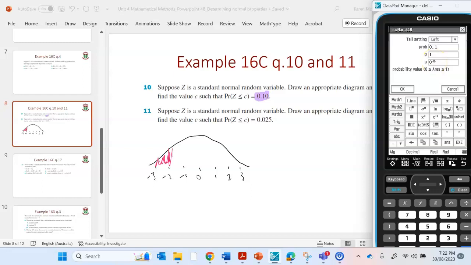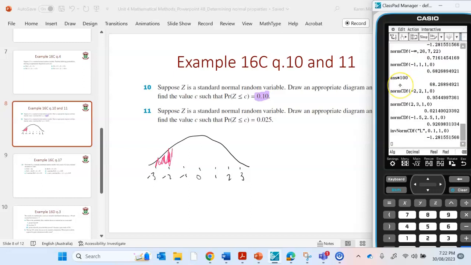It just happens that these are all standard normals, but you can have a general normal distribution and you just change the standard deviation and the mean. Now we would expect something below 0. Okay, so I've got -1.28, because it's on the left side of 0 and it's a standard normal distribution. So that makes sense to me.